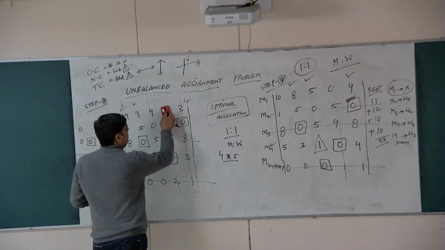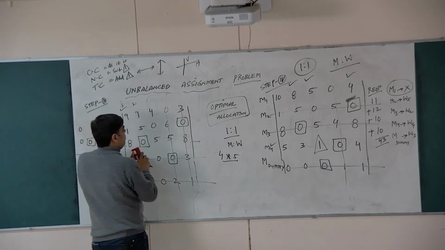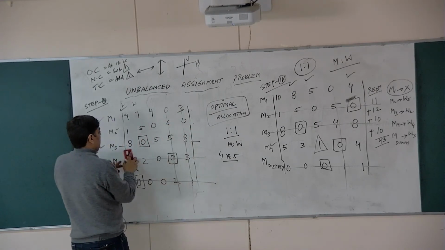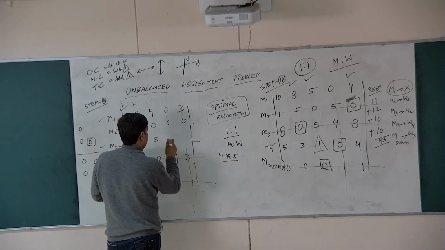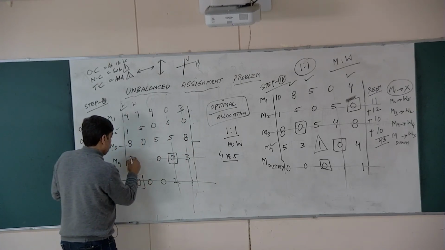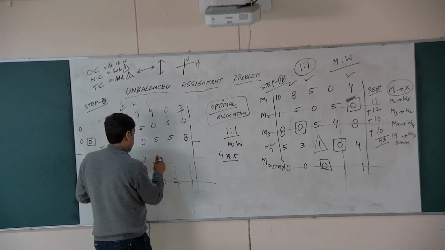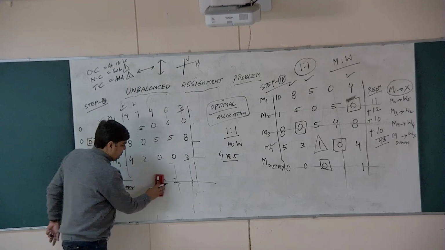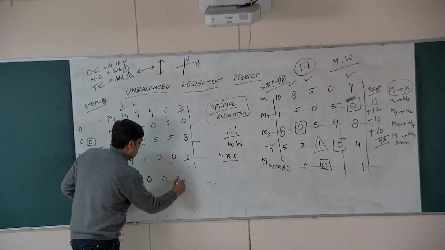9, 7, 4, 0, 3. 1, 5, 0, 6, 0. 8, 0, 5. 5 and 8. 4, 2, 0. 4, 2, 0, 0, 3. 0, 0, 0, 0, 0, 2, 1. 0, 0, 0, 2 and 1.